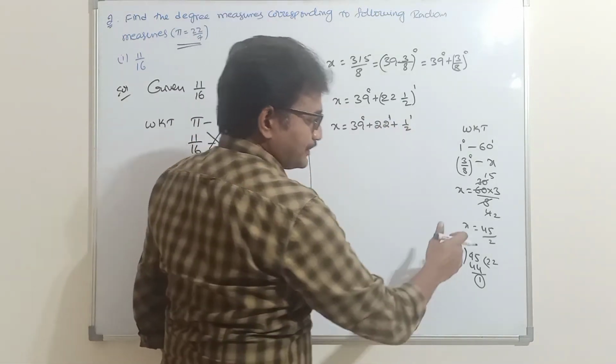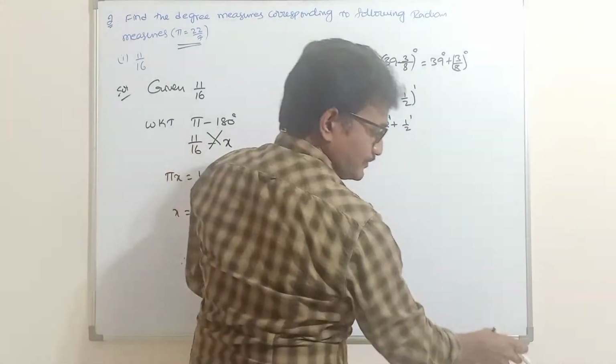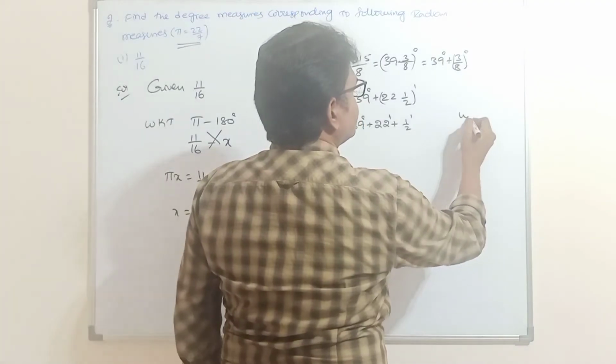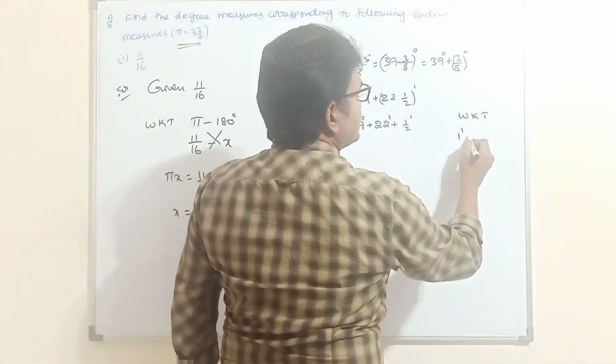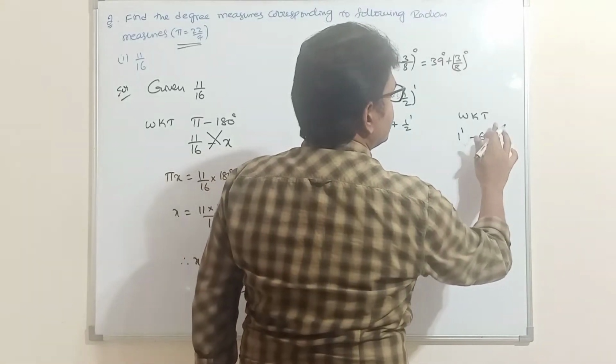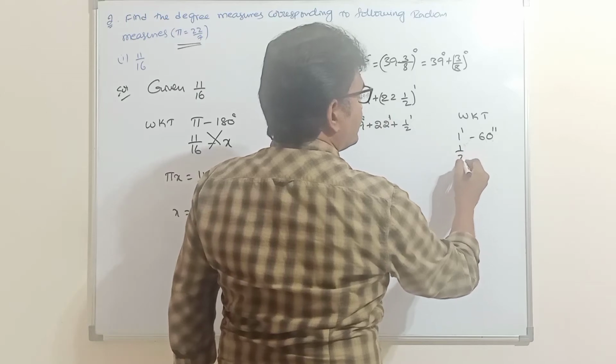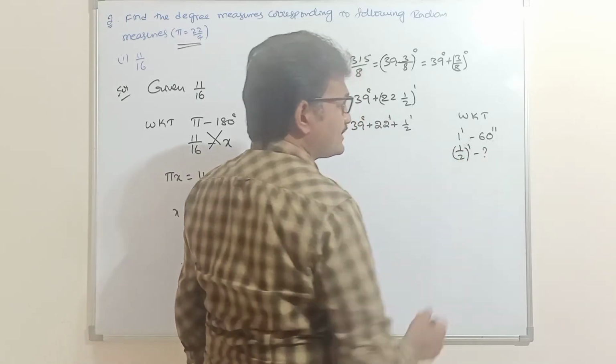Next, we know that 1 minute is equal to 60 seconds. Then half minute is equal to how many seconds?